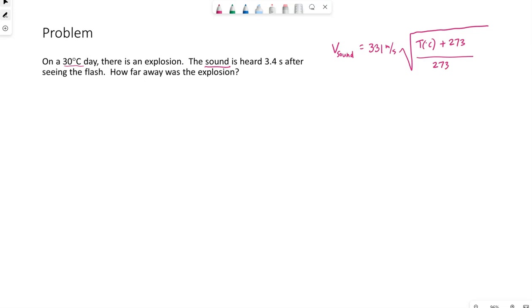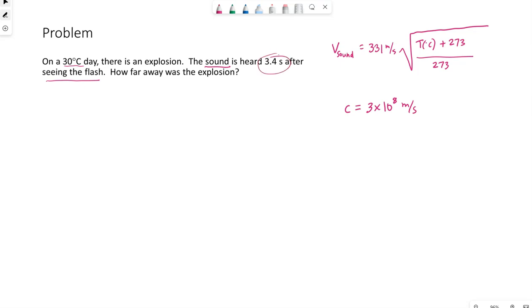So we can figure out how fast the sound is traveling. Now, seeing the flash, well, we see light. So the speed of light in air is essentially the same as the speed of light in a vacuum. So we know how fast the light is traveling.